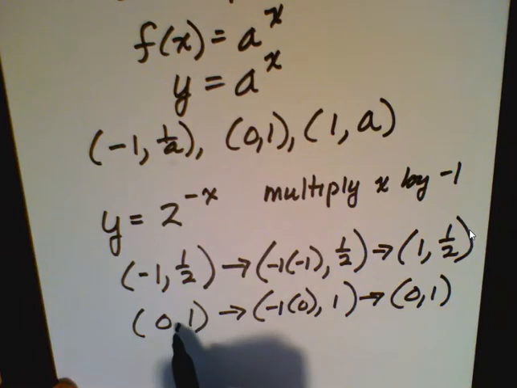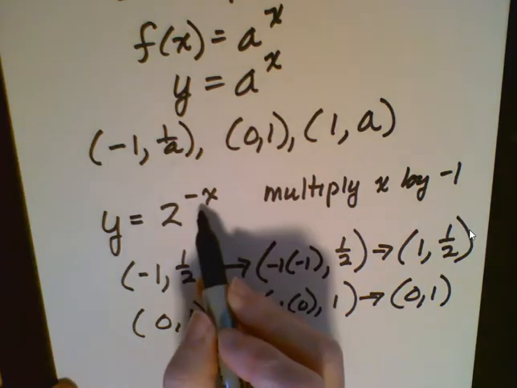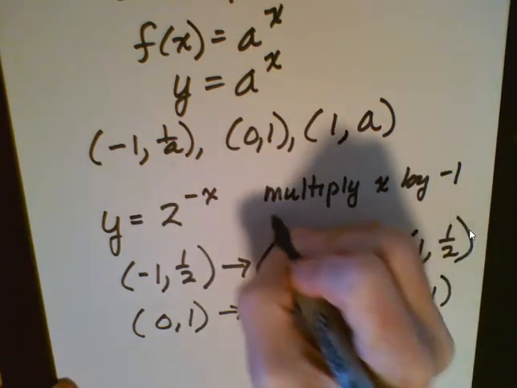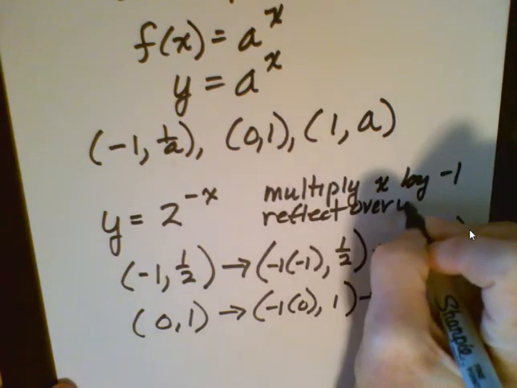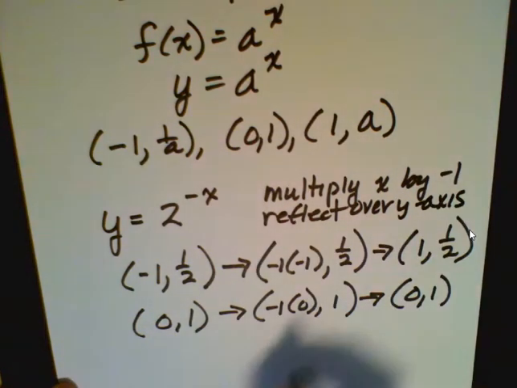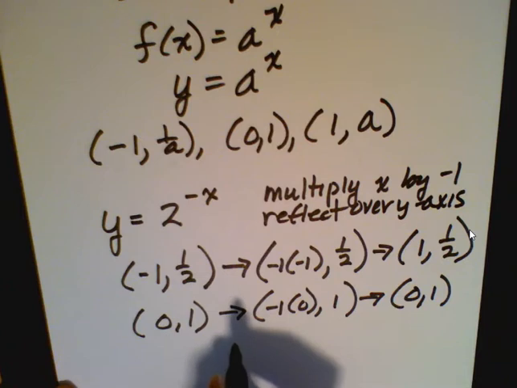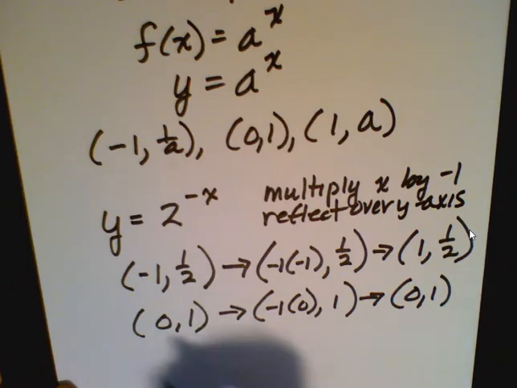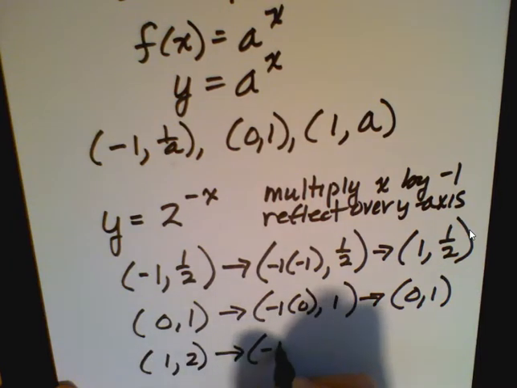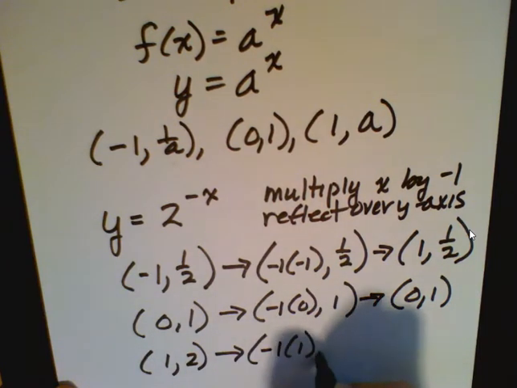That should make sense. This point is on the y-axis. I'm reflecting over the y-axis. Let me just write that. This means reflect over the y-axis. If a point on the y-axis is reflected over the y-axis, it's still on the y-axis. The other point we know is 1, 2. Multiply x by negative 1.